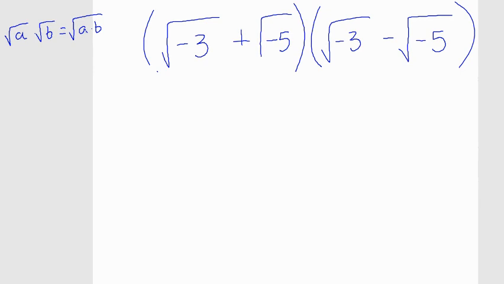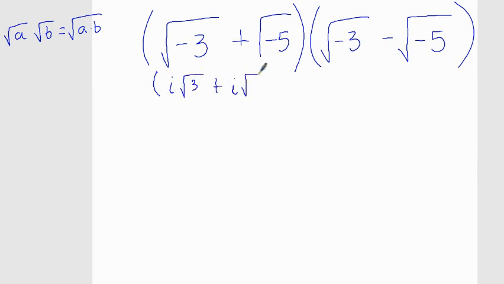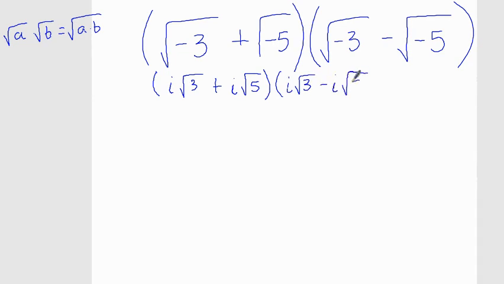So we're going to need to simplify. When we see a negative under the radical, we're going to rewrite it with the imaginary number i out front. So i root 3 plus i root 5 times, and then same thing here, i root 3 minus i root 5. All right, great. Now we can set up our table.